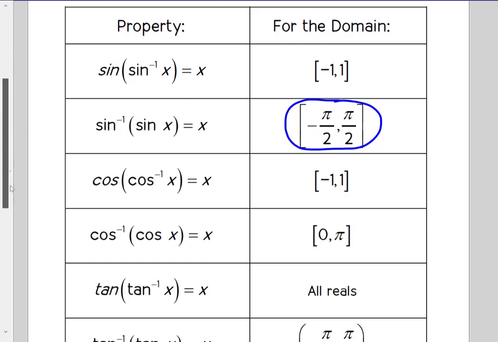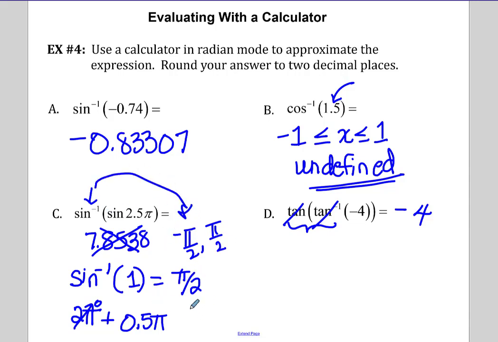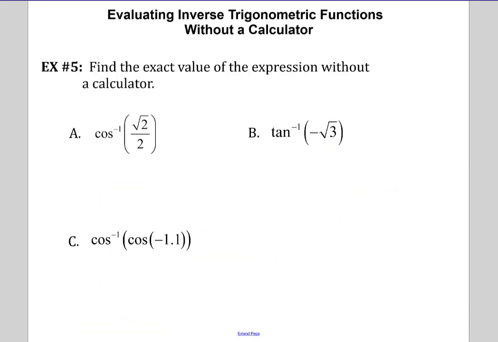And on that calculator prompt, this is definitely not between -pi/2 and +pi/2. So that's why I had to break that down apart and come up with a better answer, because my answer had to live within that domain on the inverse function. So you just have to be aware of that.